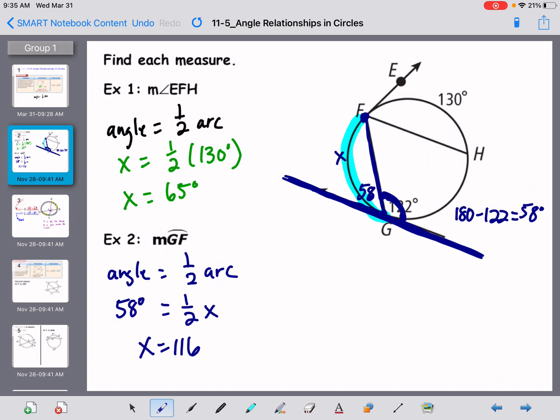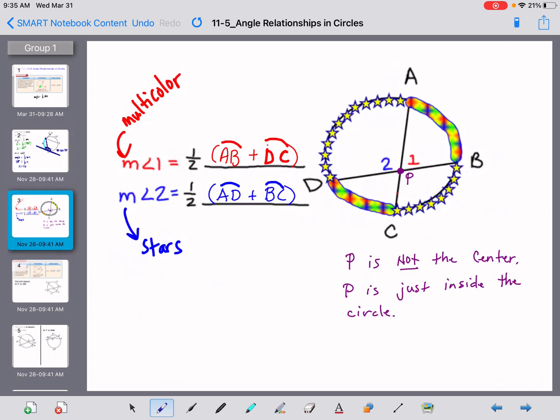Okay, now we're going to switch gears a little bit. And whoa, what the heck is going on here, Miss Bearden? Well, measure of angle 1. Before we worked problems where the angle was on the circle, like an inscribed angle, or an angle on the circle with a tangent line.